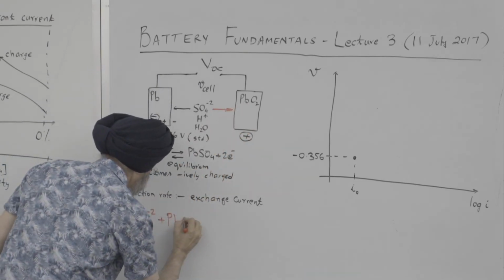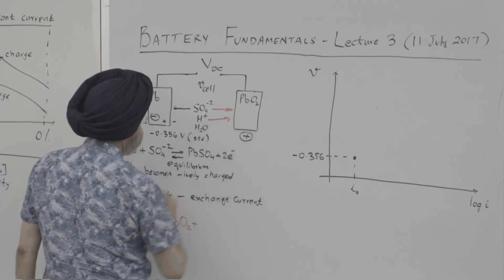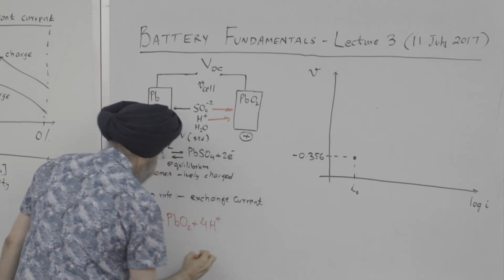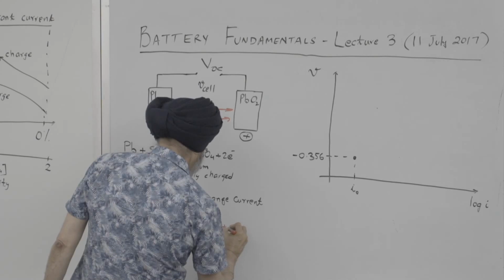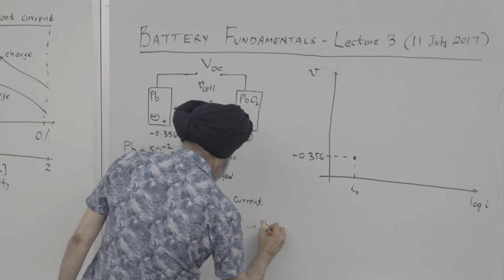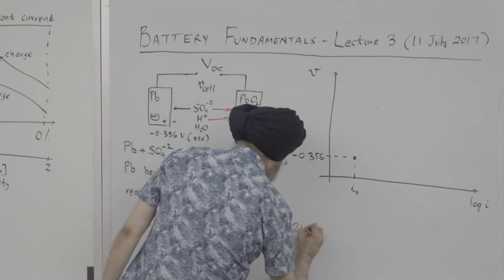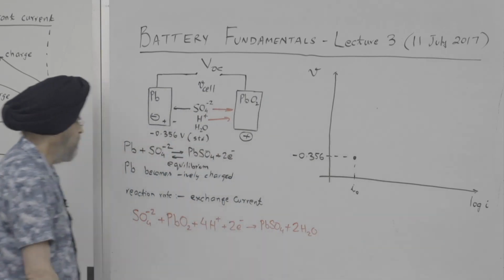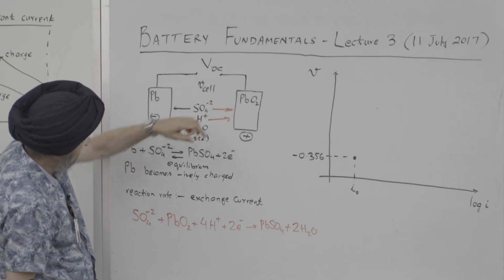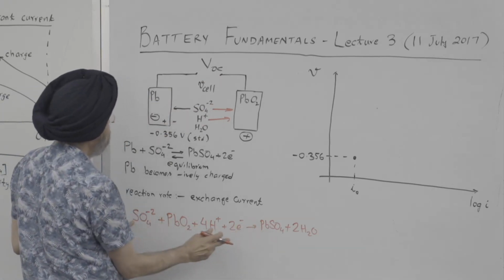So it'll react with the lead oxide, and these hydrogen ions will also go in that direction, and 4 of them, and 2 electrons will give you PbSO4 plus 2 water. So we have lead oxide reacting with the sulfate and hydrogen ions, giving you lead sulfate.